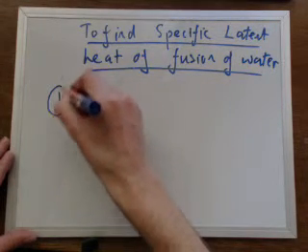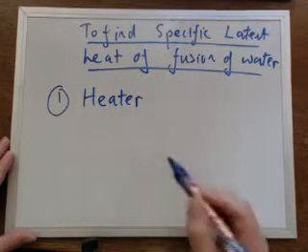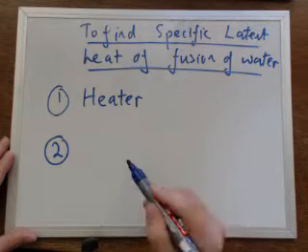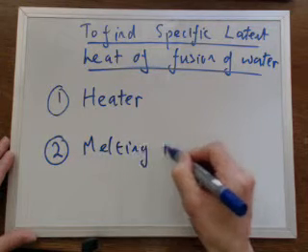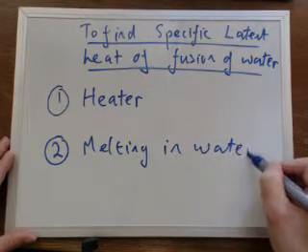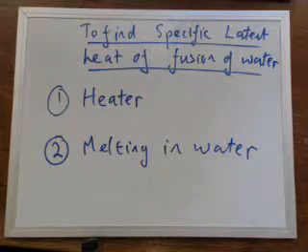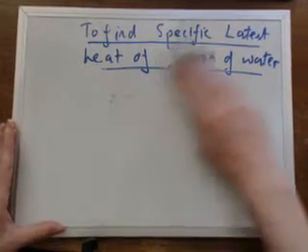One method will be using a heater, and the second method we'll get round to looking at is melting ice in water. The first method we're looking at is how we try to calculate the specific latent heat of fusion of water using a heater.